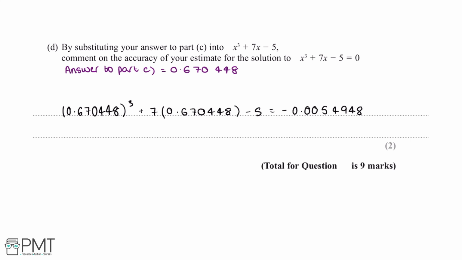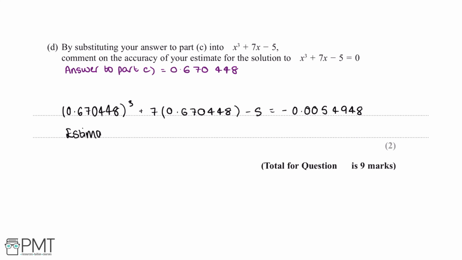And this gives us an answer of negative 0.0054948. So as we can see, negative 0.0054948 is fairly close to 0. So we can say that our estimate is pretty accurate. So now the final thing we need to do is write down our reasoning.